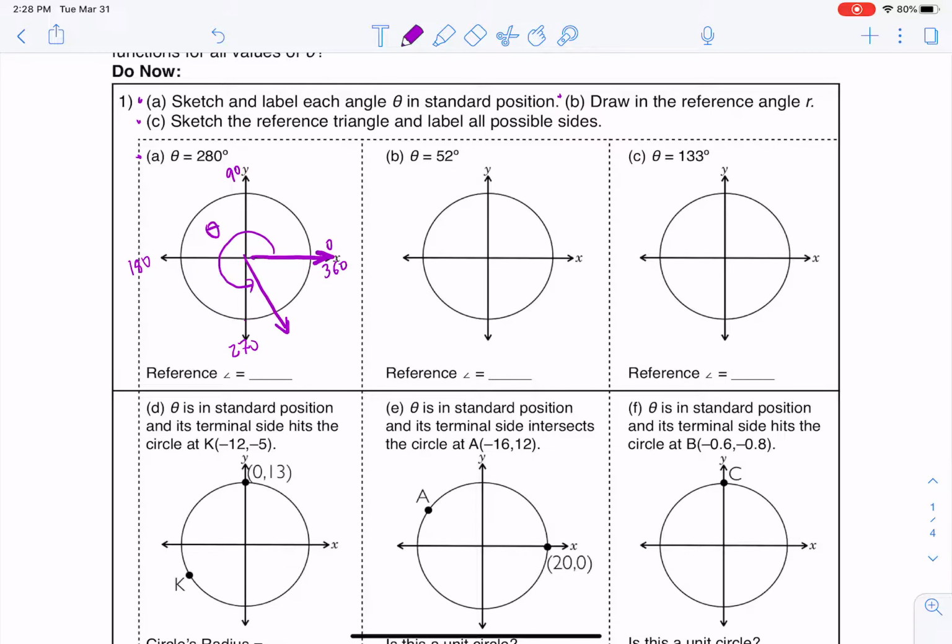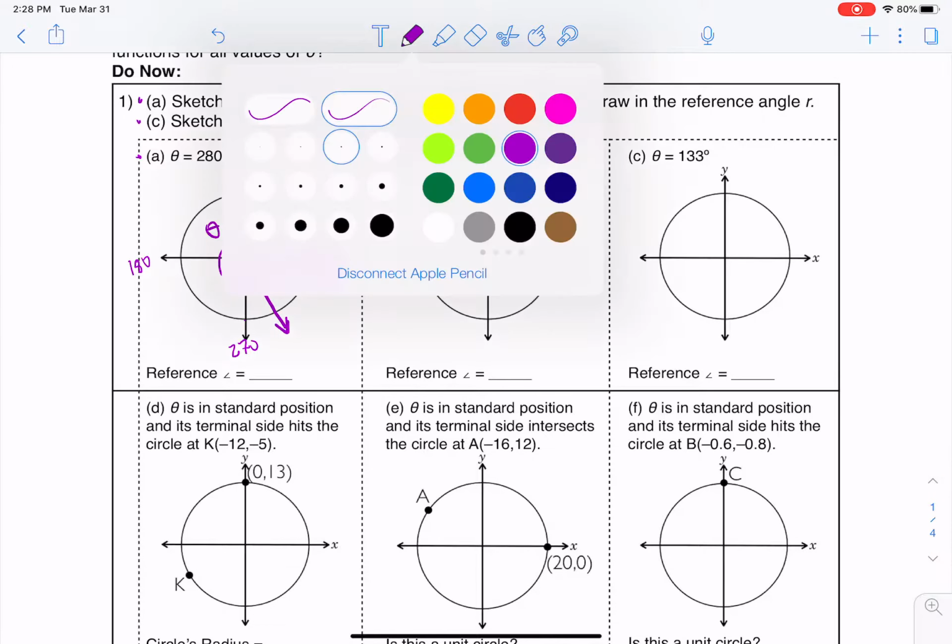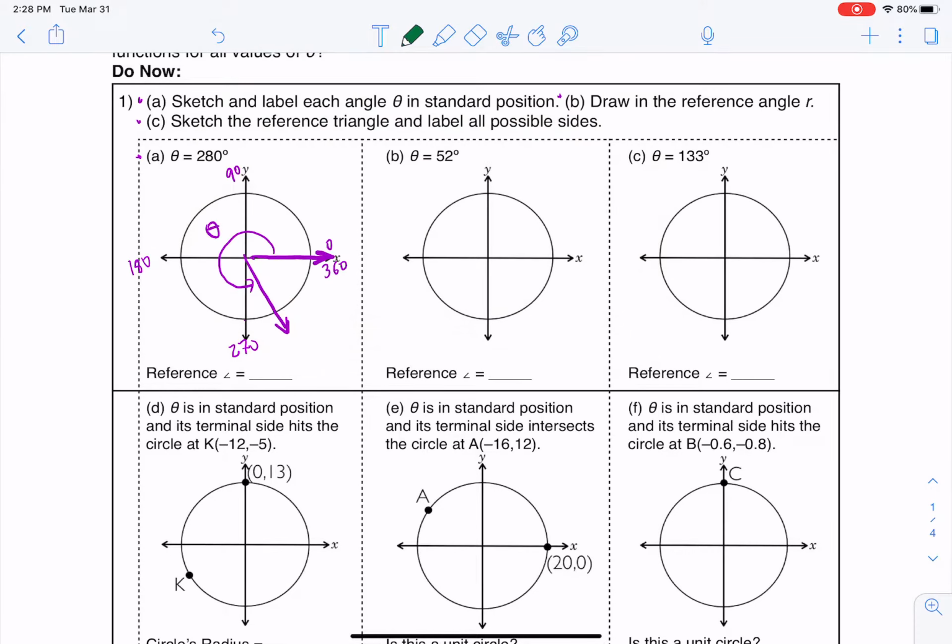And now I need to draw in my reference angle. The reference angle is the acute angle formed between the terminal side and the x-axis. So that's my reference angle, R. The reference triangle will be the triangle formed where that angle intersects the circle and the x-axis.